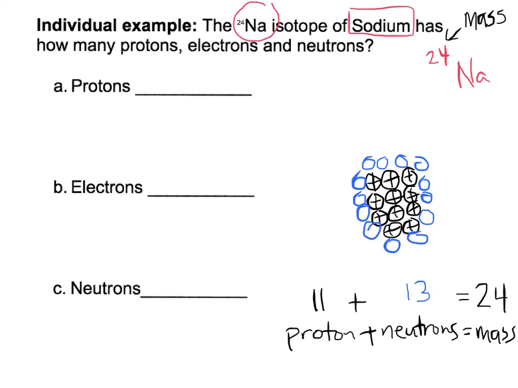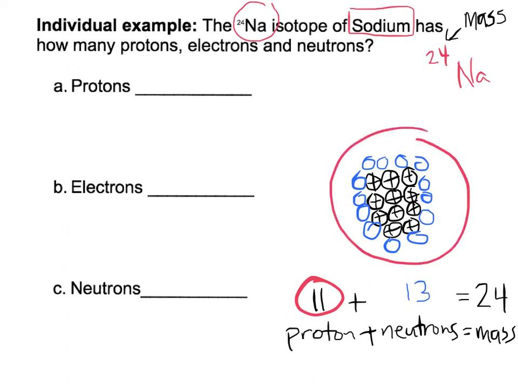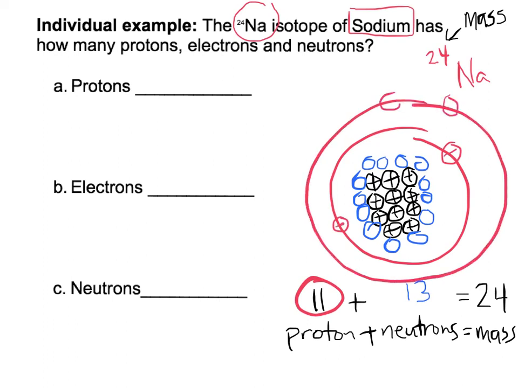Okay, and the final thing I need to do is put on my electrons. And I know my electrons are going to equal my protons. I have 11 protons, so I need 11 electrons. 2 of them can live on the first ring. So there's 1, there's 2. The next ring can have 8. 1, 2, 3, 4, 5, 6, 7, 8.